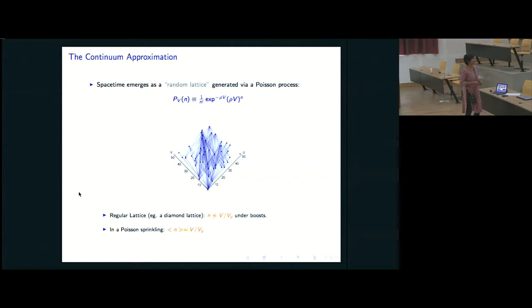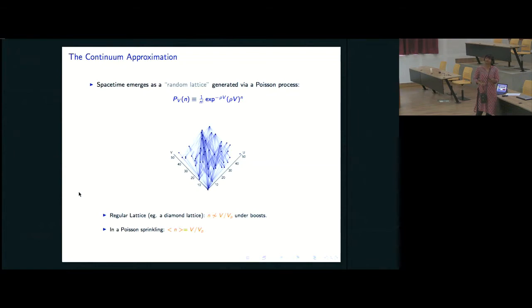So essentially the program is, this is what we start off with. It's very bare bones. We start off with just this partially ordered set, and we say that is what replaces space-time, and we try to think of that as a fundamental object which we want to quantize. But for the purpose of this talk, and something important to the program, is to understand when a continuum comes out, and we want to understand it as an approximation rather than as a limit of the theory, because you want to have a fundamental discreteness.